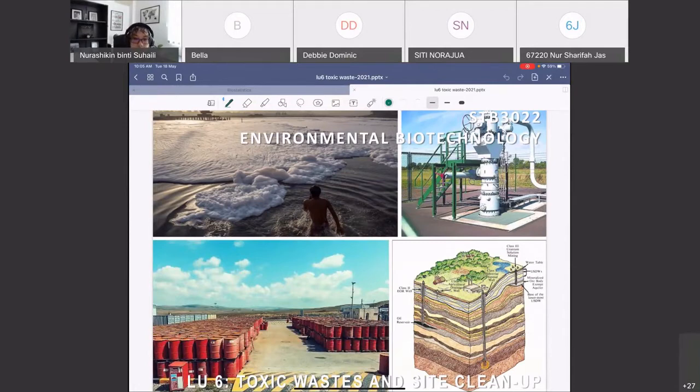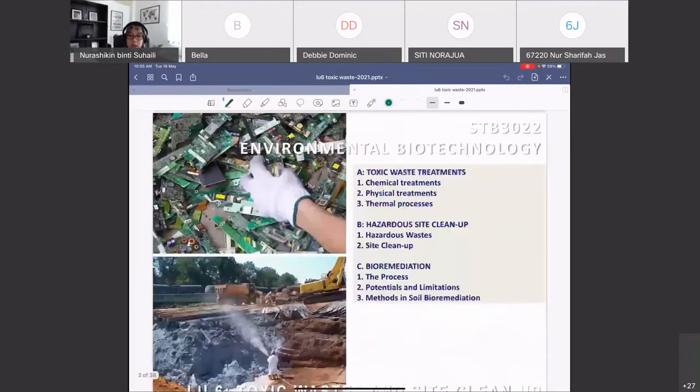Right, so today's lecture is on toxic waste and site cleanup. That's the title of the LU. And we are going to look at toxic waste treatments, the 3 types of non-biotech treatments: chemical, physical, and thermal.